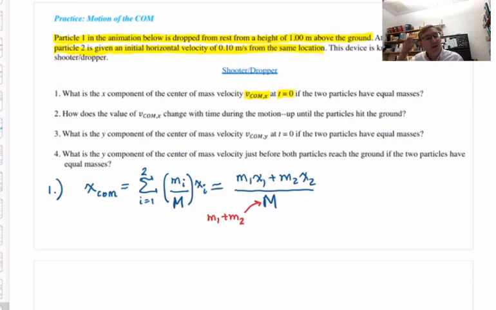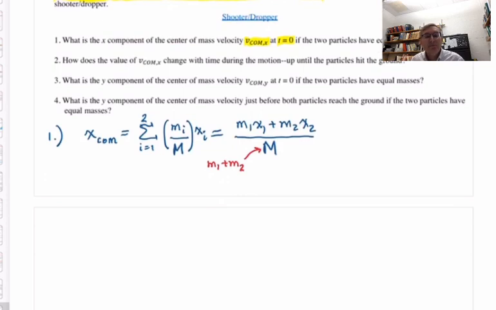But what it asks us to do is to find the x component of the velocity of the center of mass. How do we do that? We take this very expression I just wrote down for XCOM, and we use a kinematic idea from chapter 2, that the velocity is the derivative of the position. So the x component of the velocity is the derivative of the x position.